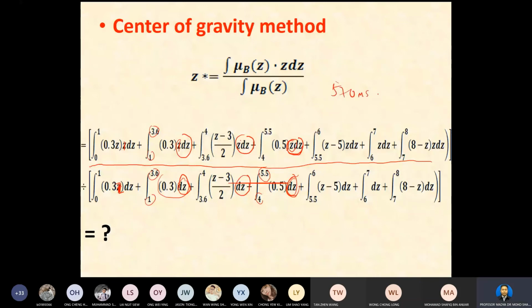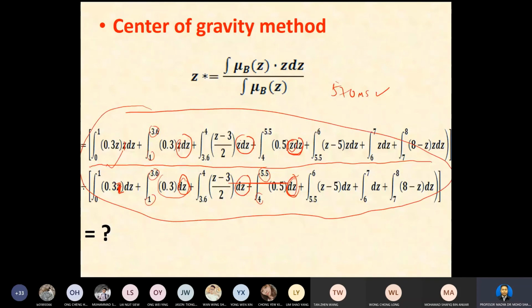For all versions you can solve one by one. If you use the latest version, you can solve all this equation in your calculator to get the last value, the output here.